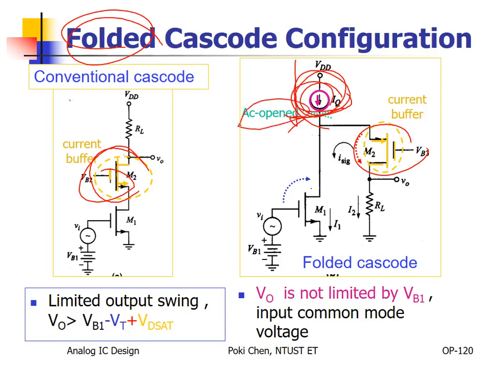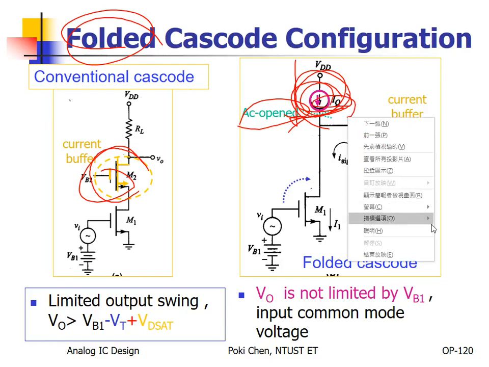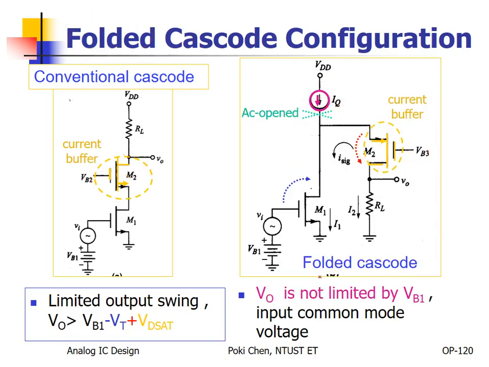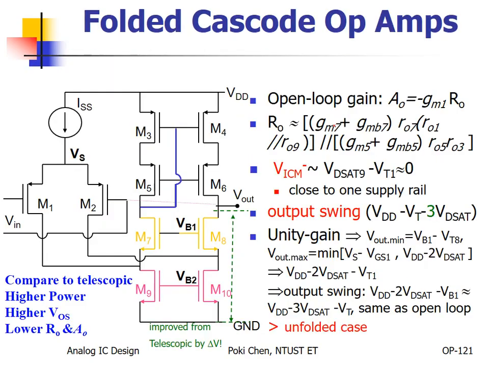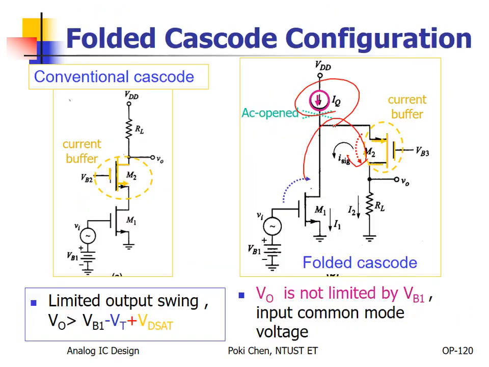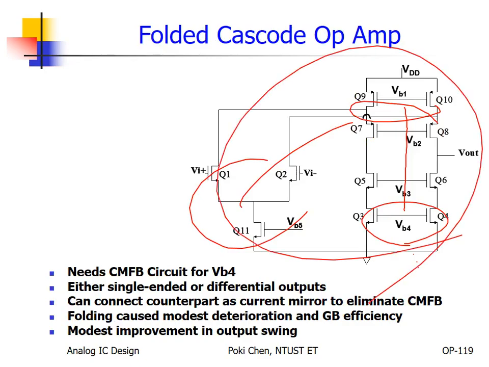AC open, DC bias. So I help you to highlight it. The helper, the assistant, 这个助手哈，让你的电流可以转向, IQ, in purple. Okay, then we can go downward. Never mind. You can also check this by yourself.